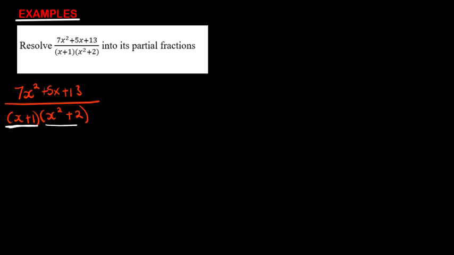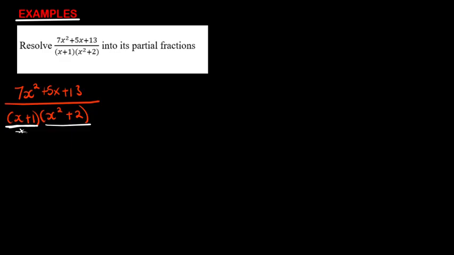Now we have this example, which is 7x squared plus 5x plus 13 over x plus 1, then x squared plus 2. Check out what you are having. In here you have a linear function and a quadratic function.